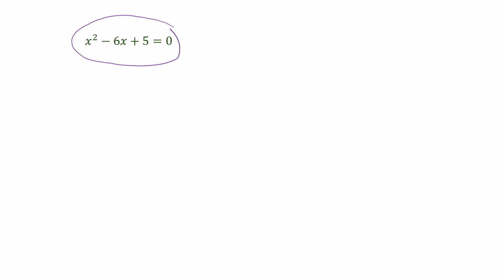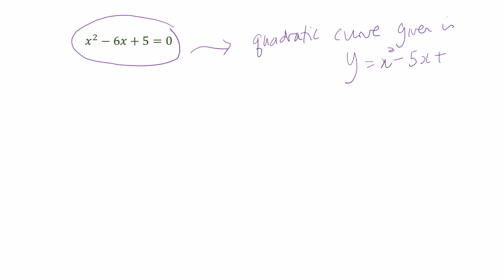And the quadratic curve given is y equals x squared minus 5x plus 1. Then what would the straight line be?